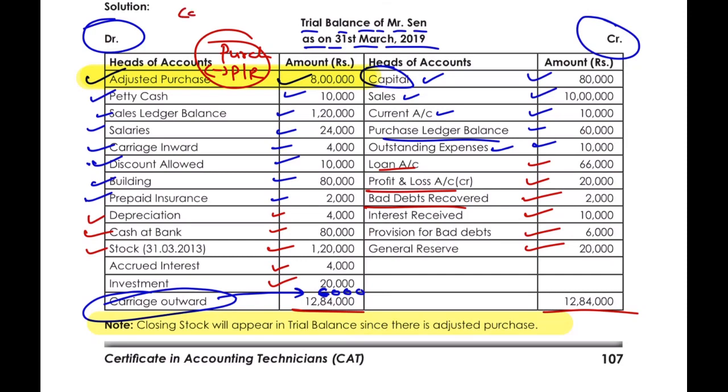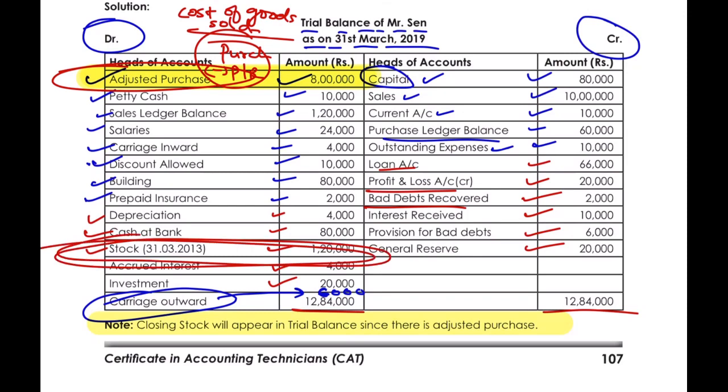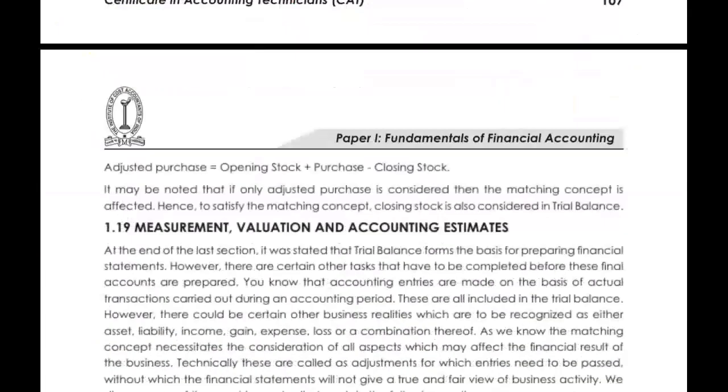Okay, that is cost of goods sold. So we don't need to go very deep inside this topic. There are many things which I can tell, but obviously not relevant to our syllabus. So always remember, when we have the adjusted purchases, only then we will have a closing stock as part of my trial balance. Otherwise, it will not form part of my trial balance because this is an item which comes after preparing the trial balance.